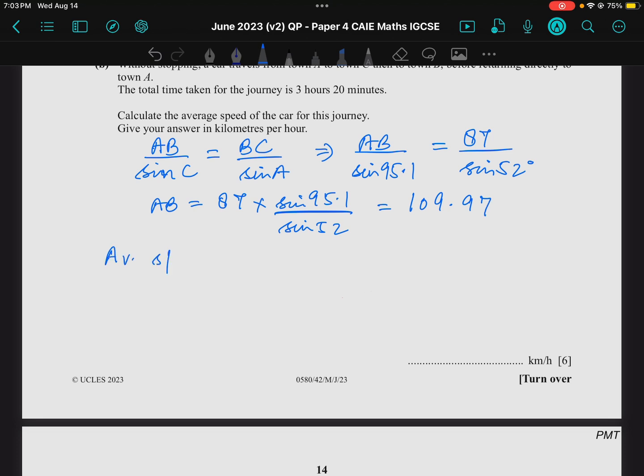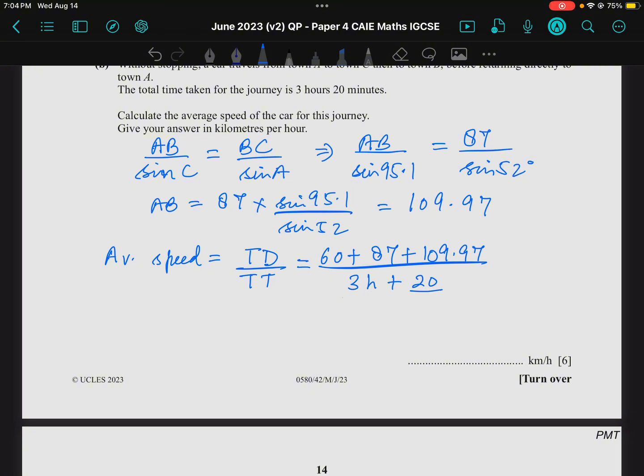Now average speed. Average speed is equal to total distance upon total time. So what is the total distance? 60 plus 87 plus 109.97, and total time is given as 3 hours and 20 minutes. So the minutes will be converted into hours.